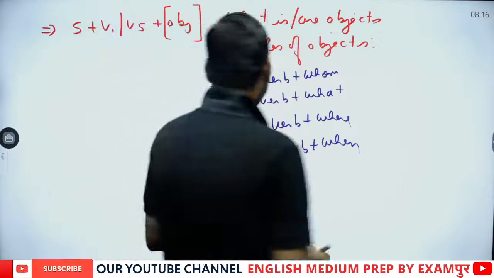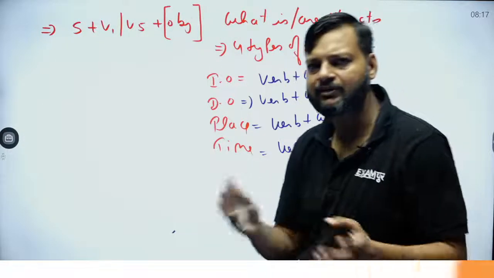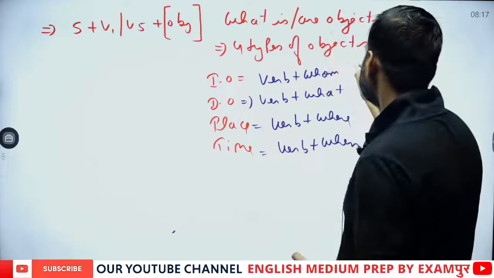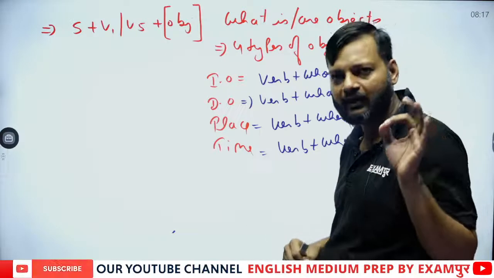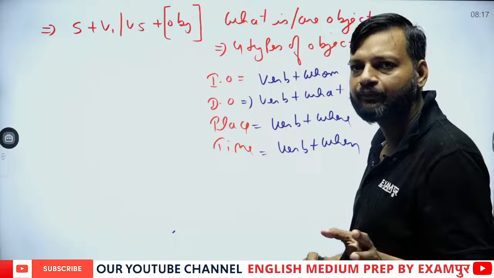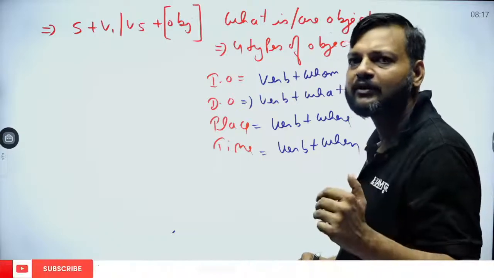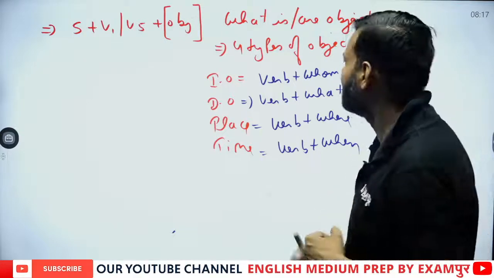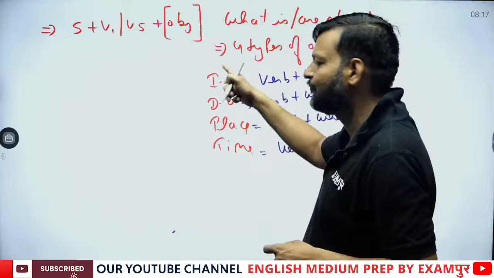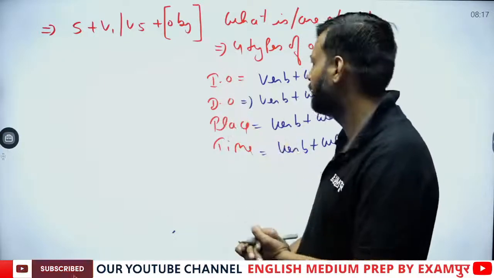These two are important because time and place are very much clear. You need to understand that indirect object means verb plus whom, and direct object means verb plus what. So in a sentence the sequence of objects is the same as I have written, right?